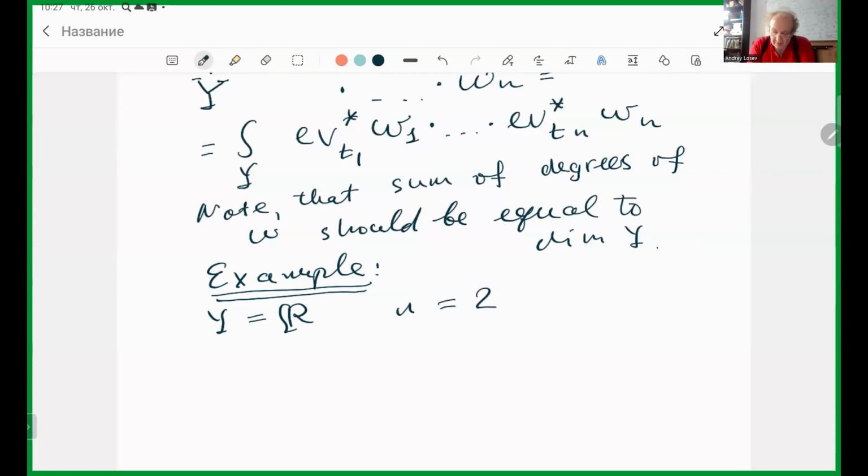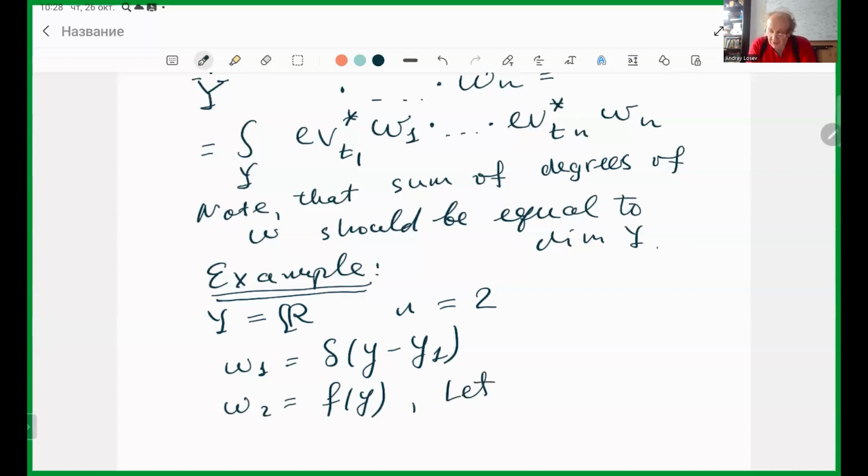So I need to pick omega 1. Let it be the delta form of y minus y1. Let omega 2 be just some function of y. It's an example, okay?